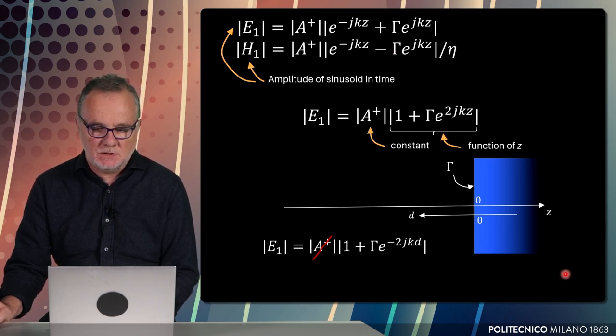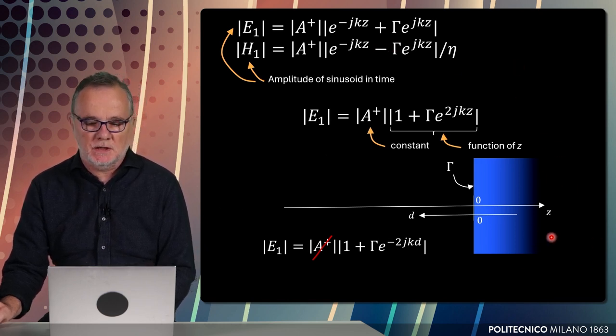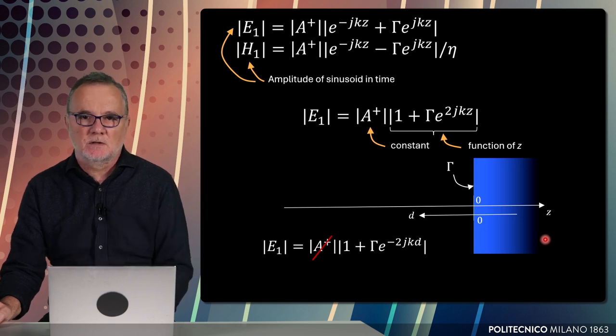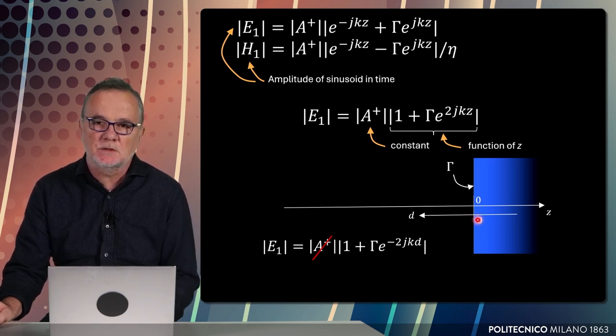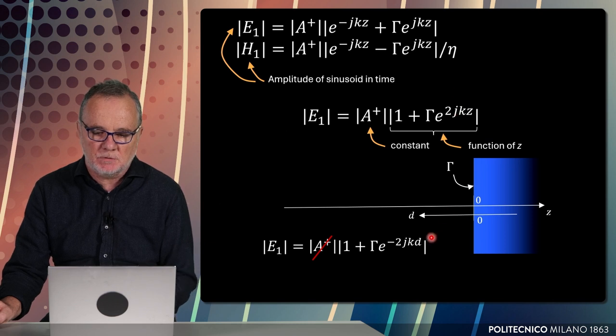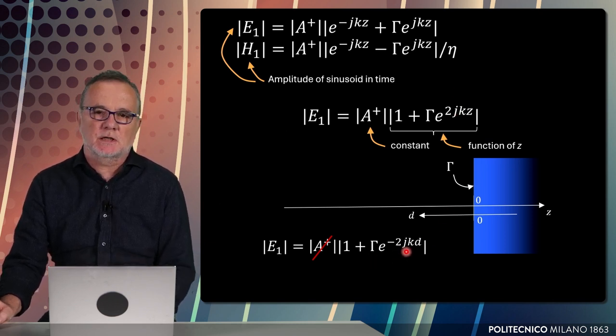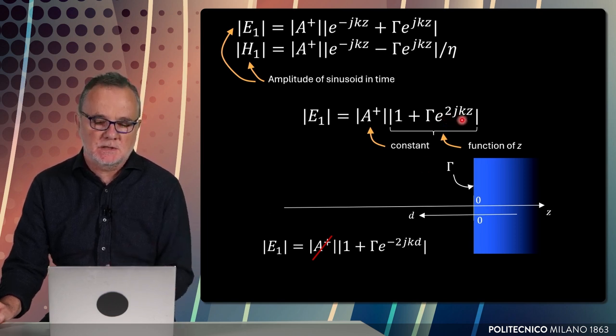So let's consider the problem, which is written here again, with a slightly different horizontal axis. Instead of using z, which is the coordinate moving in the right direction, we use d as the distance from the interface. So, in particular z equals minus d, and this change of coordinates changes simply this exponential to 1 plus gamma exponential minus 2jkd instead of plus 2jkz.